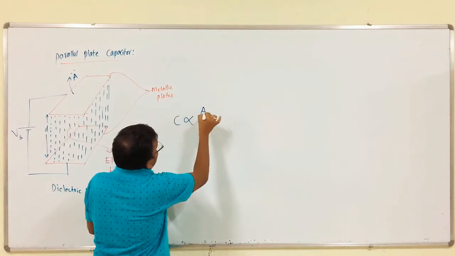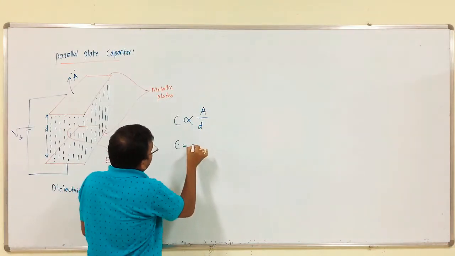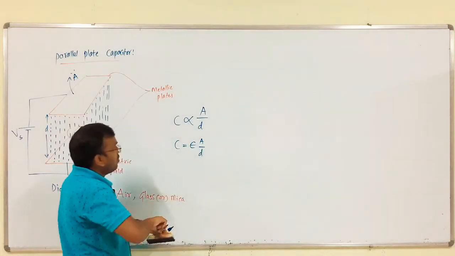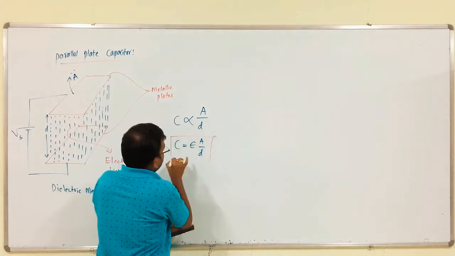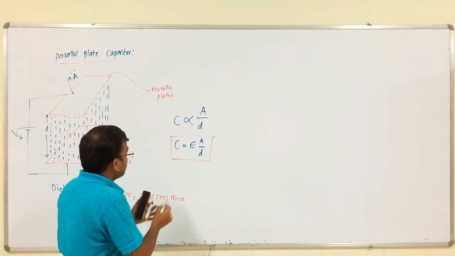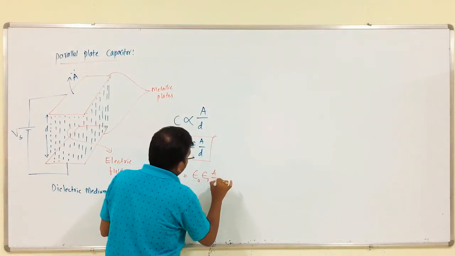So, C is proportional to A by d. So, C is equal to epsilon A by d, which is equal to epsilon naught epsilon R A by d.